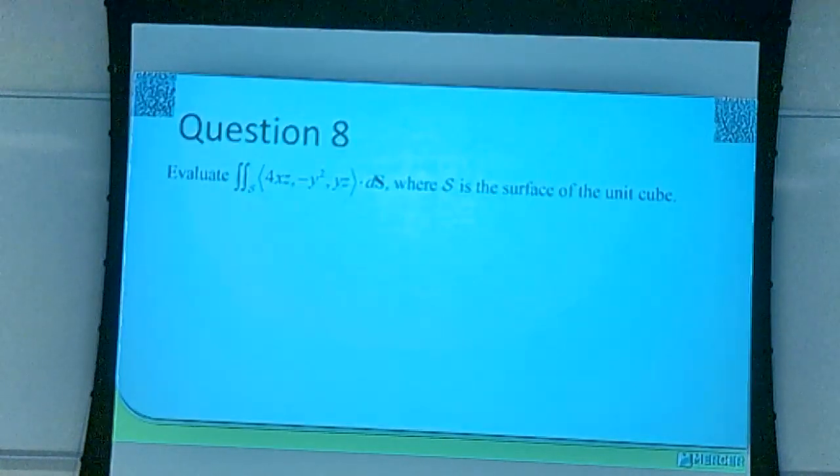Evaluate flux. So the flux, and if it doesn't mention orientation, default is outward. So we're calculating the outward flux of this vector field, 4xz, negative y squared, and yz, through or across the unit cube. Flux is, in a sense, a flow. It's a net flow of a field.